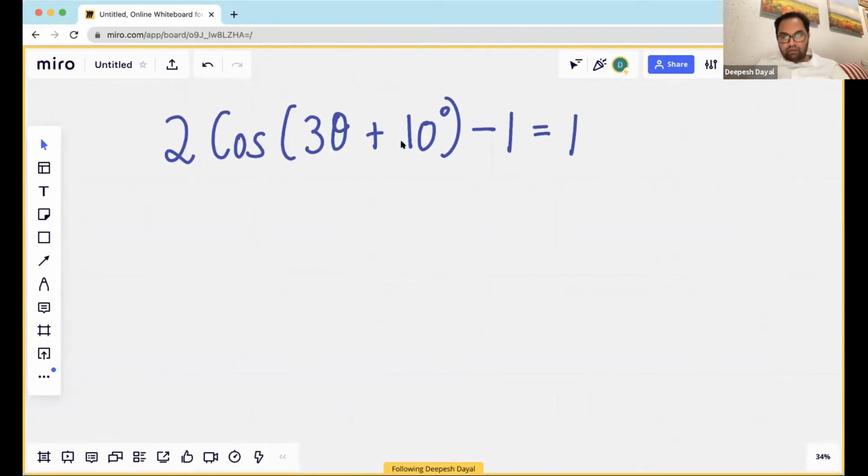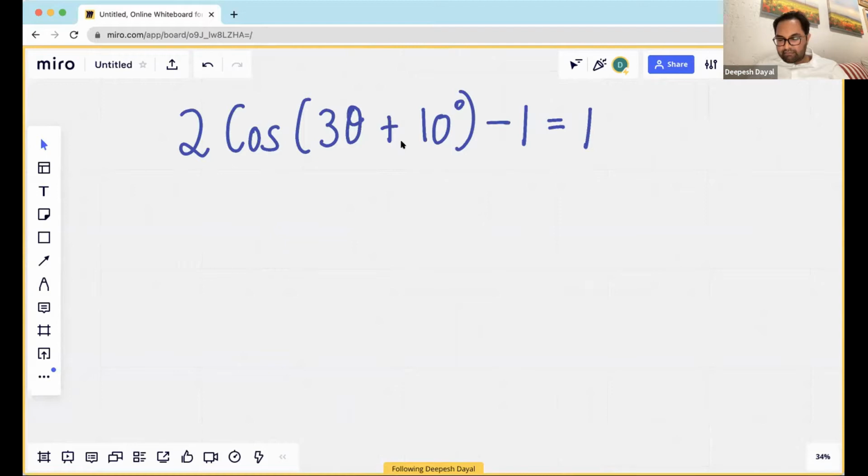Okay, so 2 cos (3 theta plus 10 degrees) minus 1 equals to 1. Okay, so write that down. And the question says, find theta.